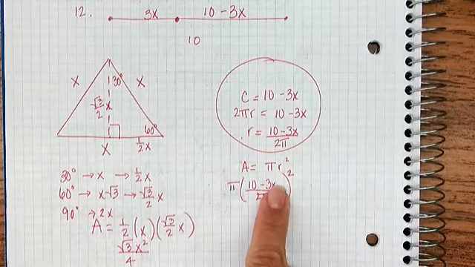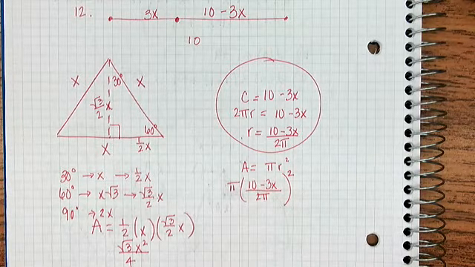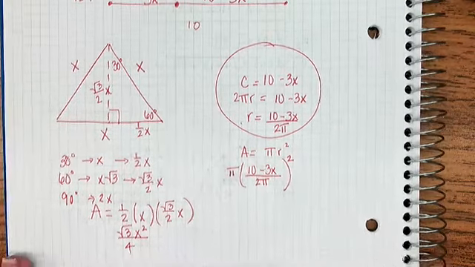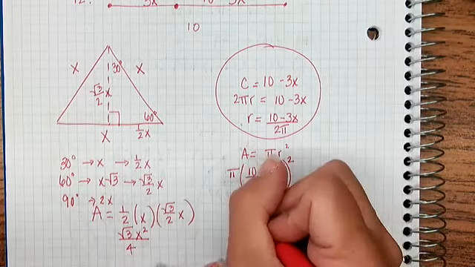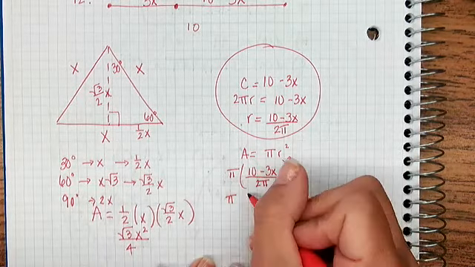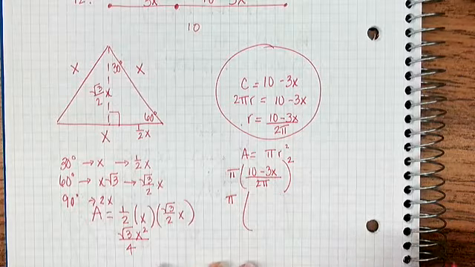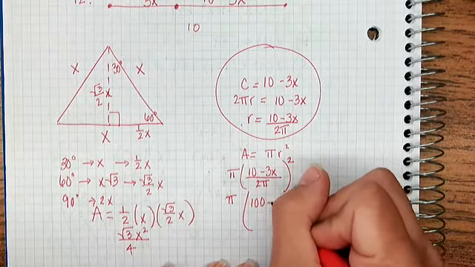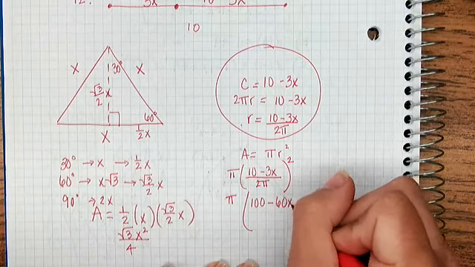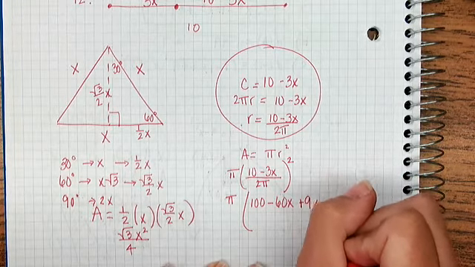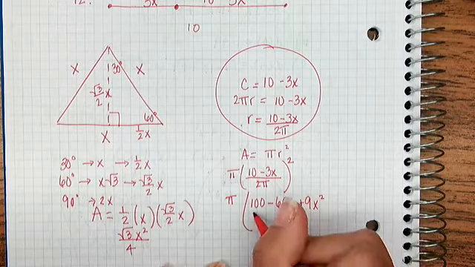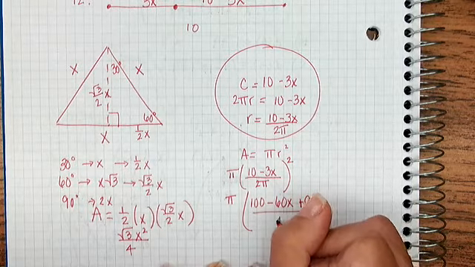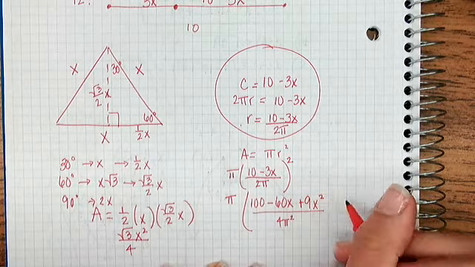Pi times r, this mess, squared. Here we go. So this becomes pi, 10 minus 3x quantity squared is 100 minus 60x plus 9x squared, all over 4 pi squared.